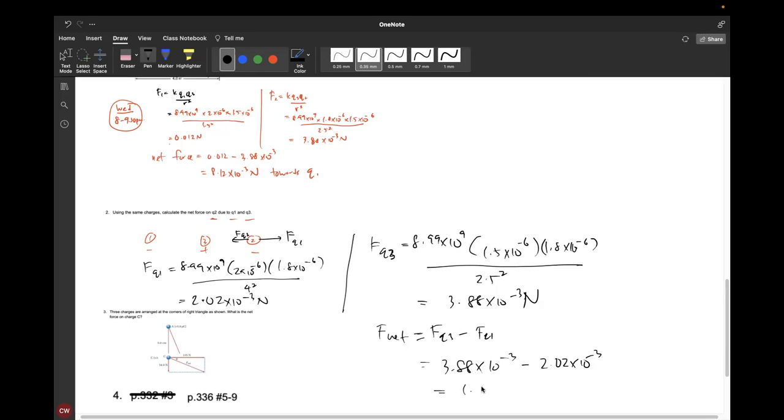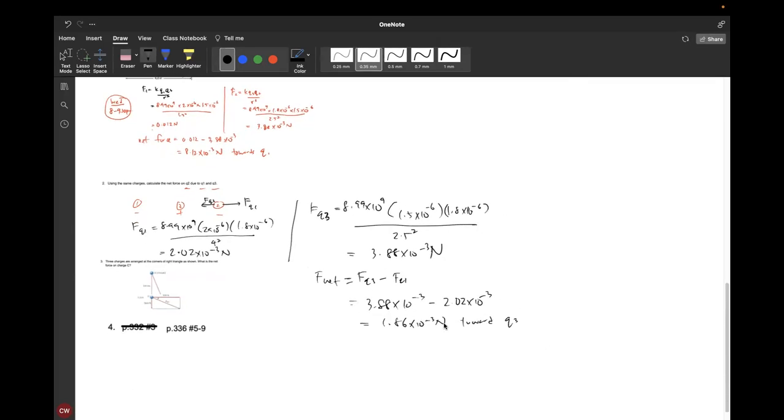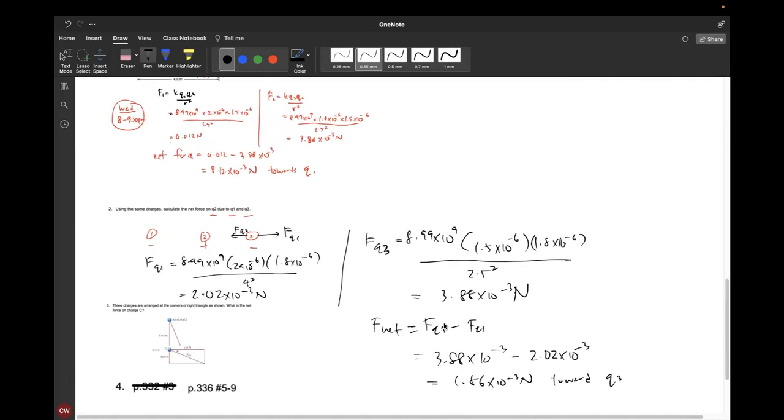That gives 1.86. Okay, this one is towards charge 3, to this point, because this is larger. Okay, any problem?